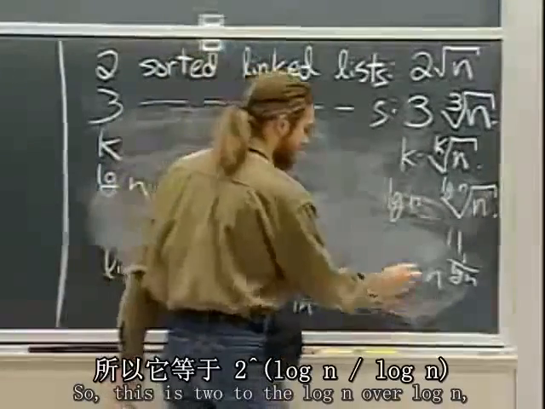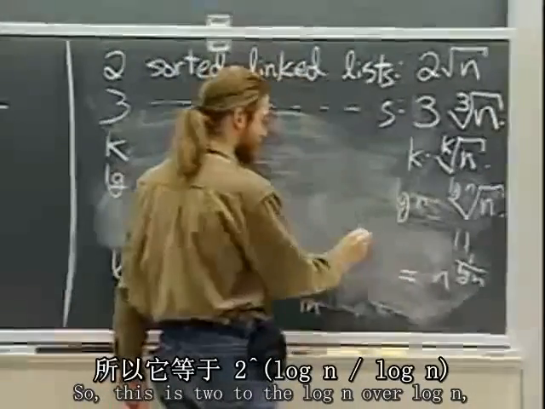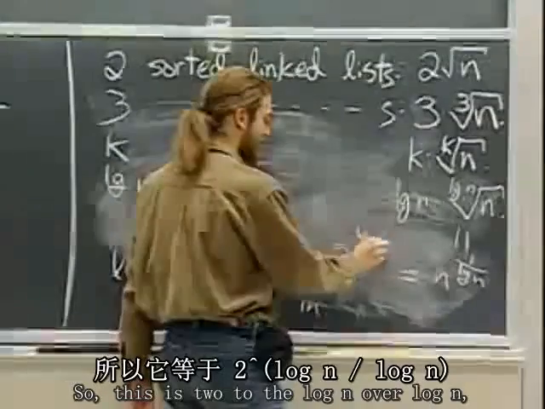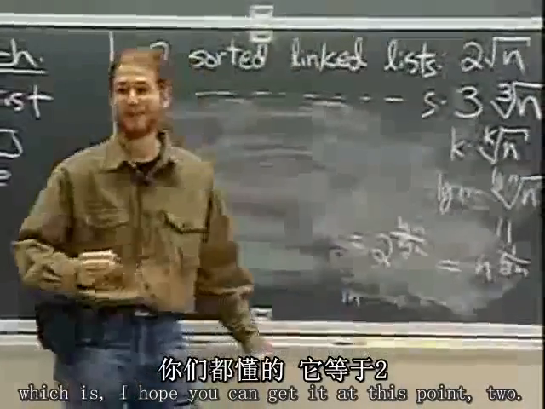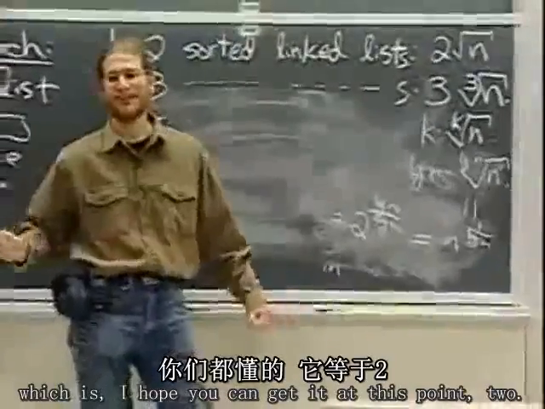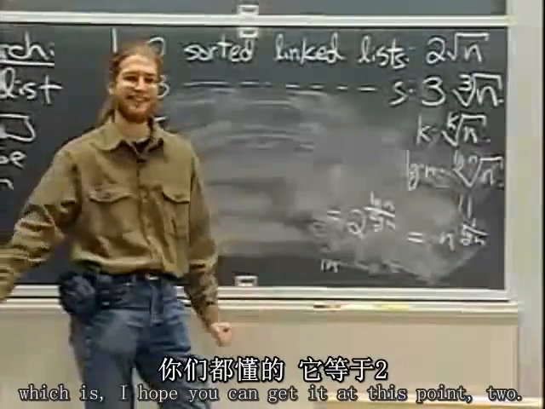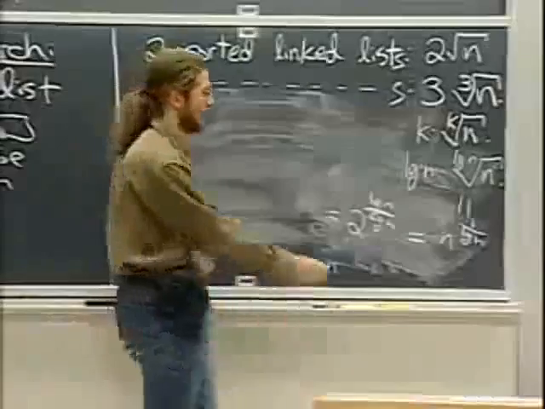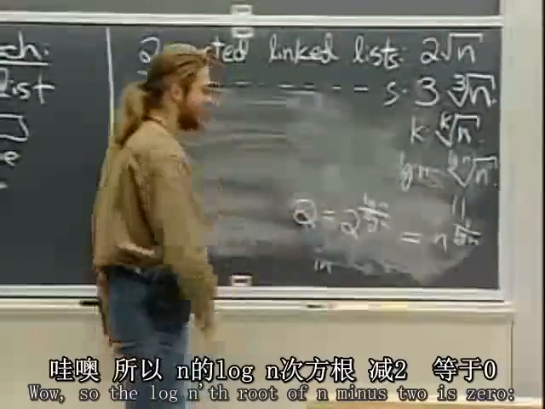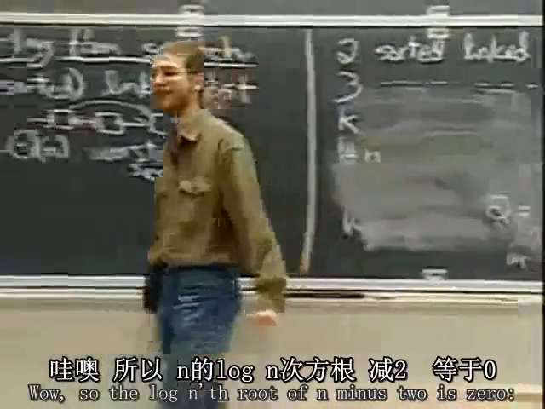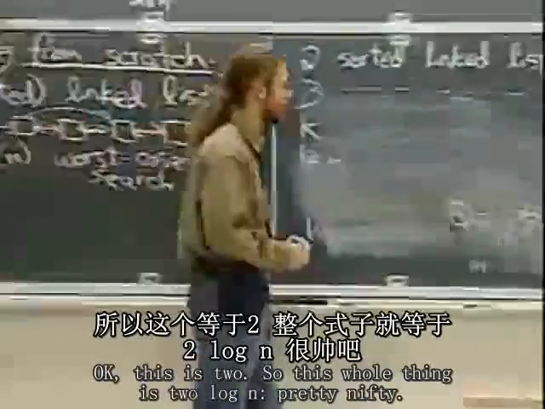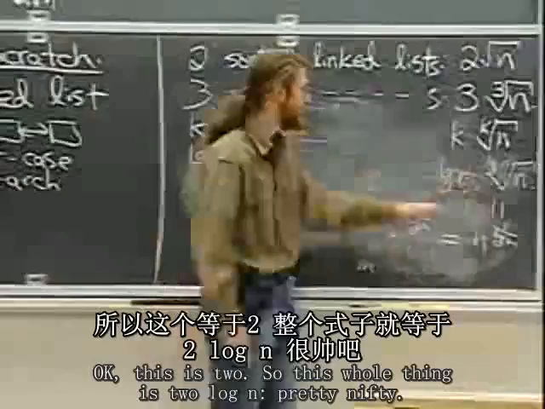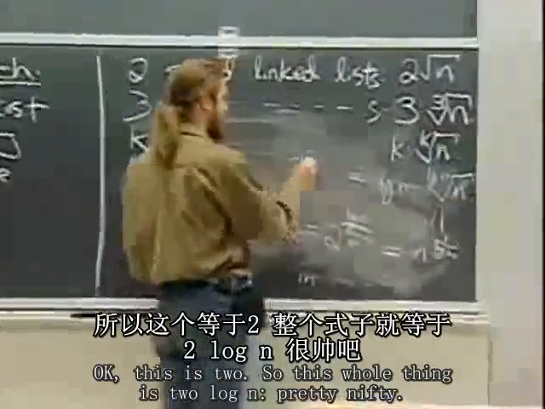So this is 2 to the log n over log n, which is 2. Wow. So the log nth root of n minus 2 is 0, my favorite answer. This is 2, so this whole thing is 2 log n.